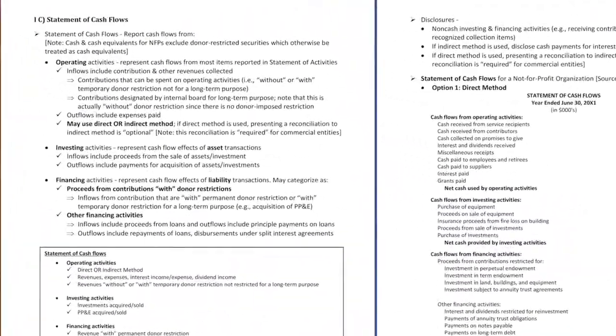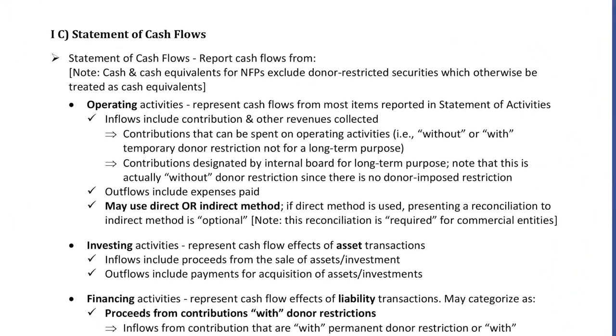Now to page 50, where we've got, put a box around, statement of cash flows. Where cash flows are reported from operating activities, investing activities, and financing activities.